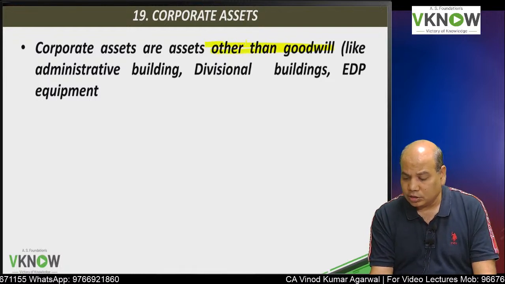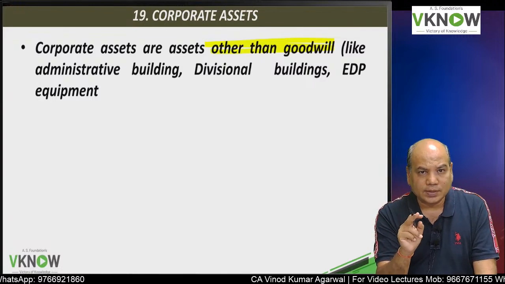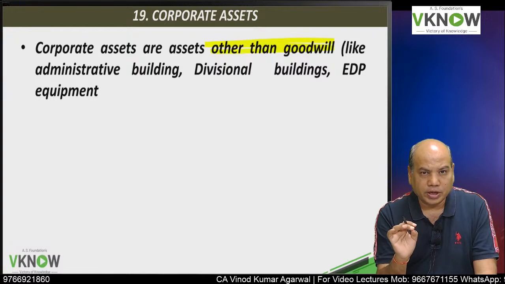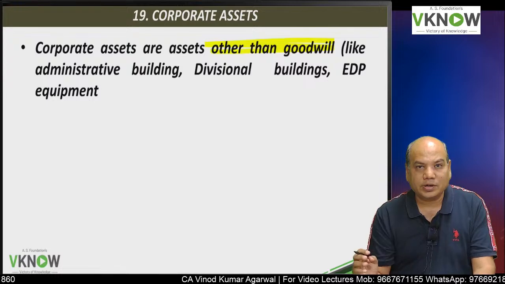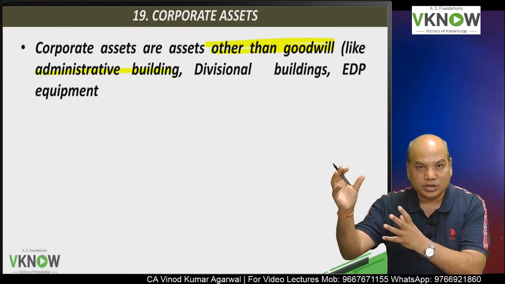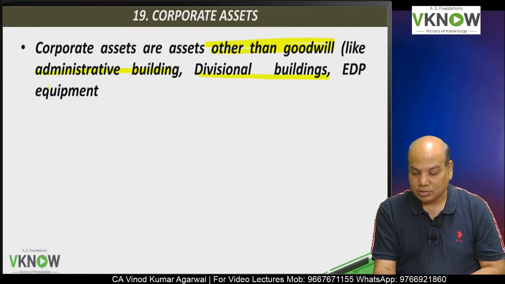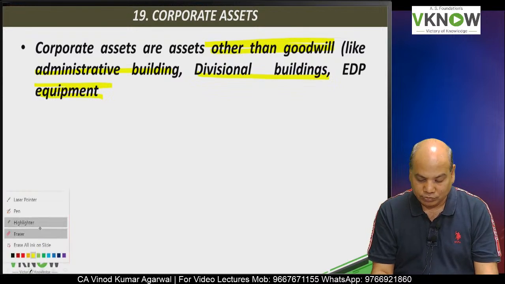They are other than goodwill, because for goodwill we have a separate rule for impairment. Corporate assets are other than goodwill. Examples of corporate assets: head office building, administrative building, divisional building, EDP or IT equipment, information technology department.